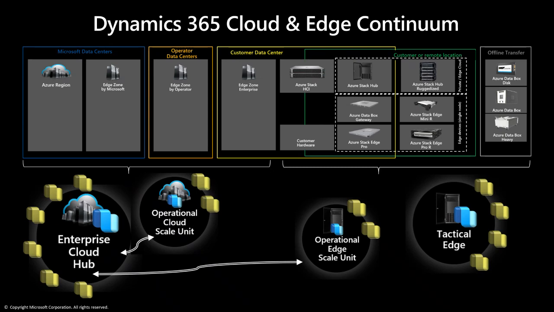Within these data centers, we now will also be having these edge zones available for these scale units at each of our various different data centers around the globe for customers that choose to deploy these scale units. And so either within that same data center as your hub, or as I mentioned, a global footprint across our data centers, you can also deploy these scale units in the cloud within Microsoft data centers around the globe.